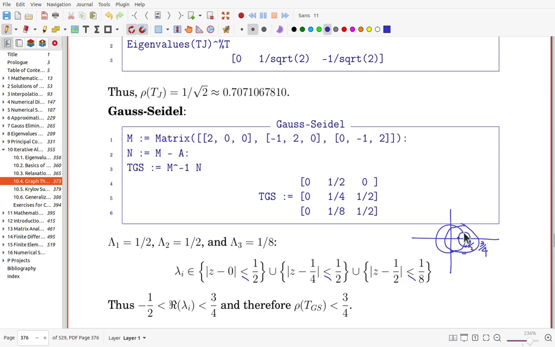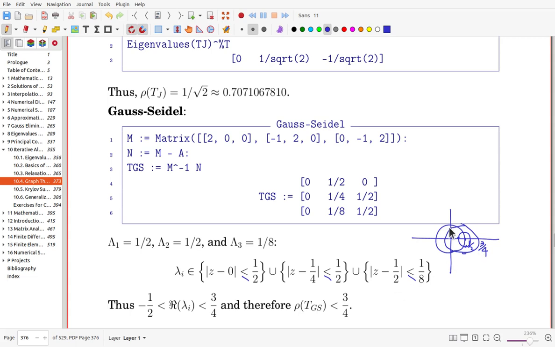So the union of these disks is definitely not touching the circle of radius 1. So we can see easily the real part of any eigenvalue must be larger than minus half and smaller than 4 over 3. So we can say that the spectral radius is strictly less than 3 over 4.